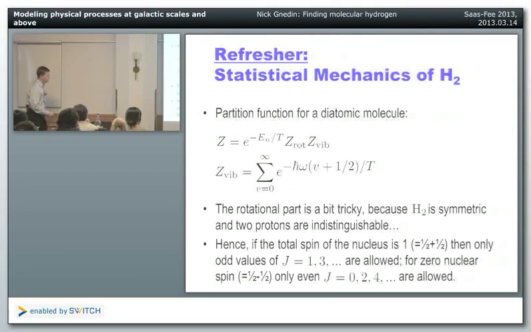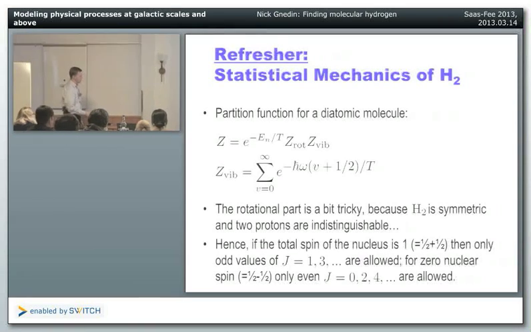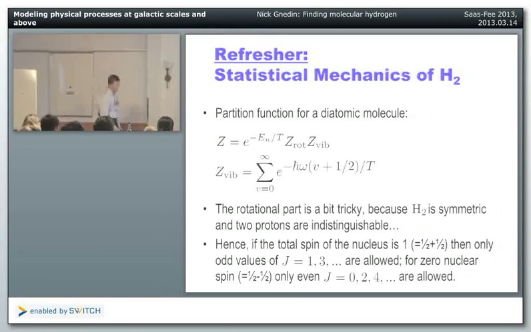And that makes it a little bit tricky because it turns out that depending on the sum of the spins of the 2 protons, if they are aligned, so 1/2 plus 1/2, total spin 1, then you can only have odd rotational quantum numbers. And if the spin is 0, if the 2 protons have anti-aligned spins, then you can only populate even rotational numbers.